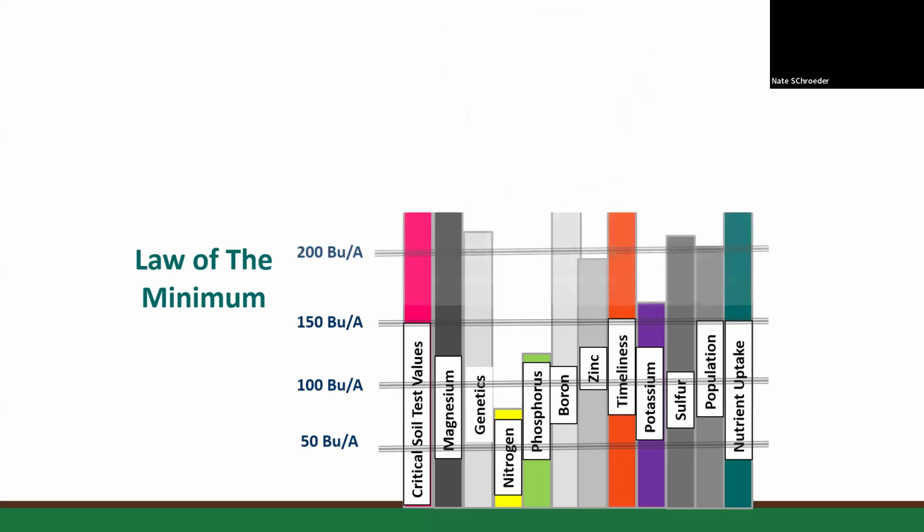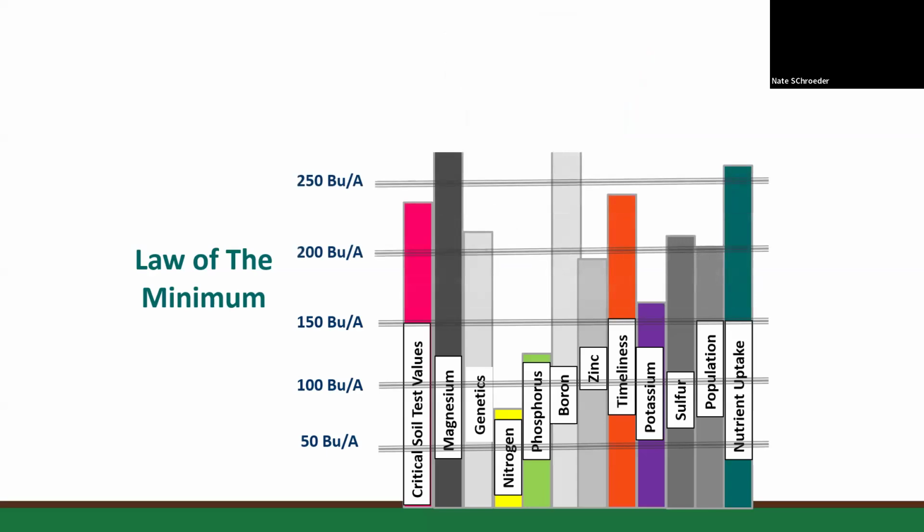And as you move to higher yielding crops, and this includes wheat, soybeans, cotton, sugar beets, tomatoes, these relationships and ratios don't necessarily change on what's important, but what I need and when I do it, and the law of the minimum, or the one limiting factor, does change significantly.